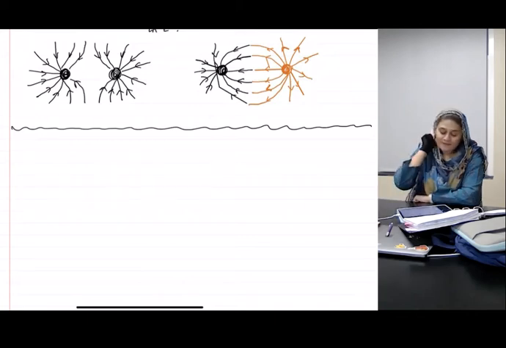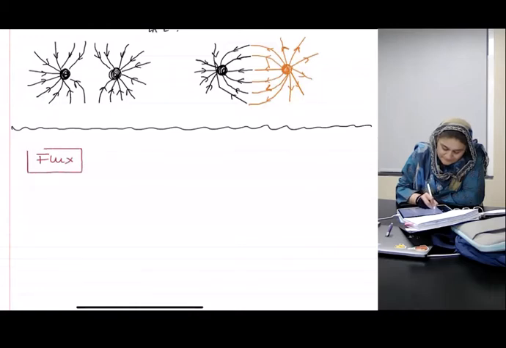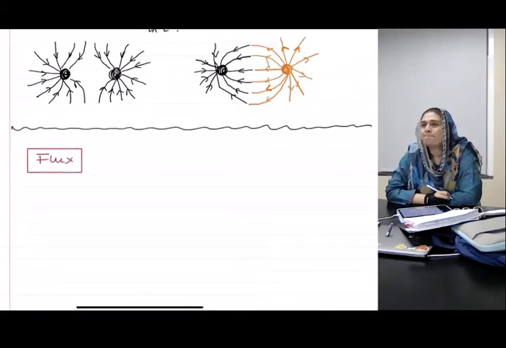Okay, one other thing I want to talk about today before we stop: flux. We talked about flux yesterday. What did we say flux was? Remember my balloon example? How much stuff is coming out of the balloon through the surface?